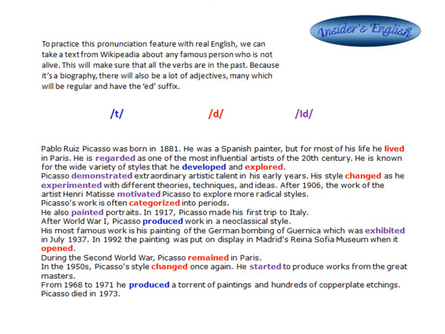Now I will read this text and you can try to practice after me. We'll start with the first paragraph. Pablo Ruiz Picasso was born in 1881. He was a Spanish painter, but for most of his life he lived in Paris.